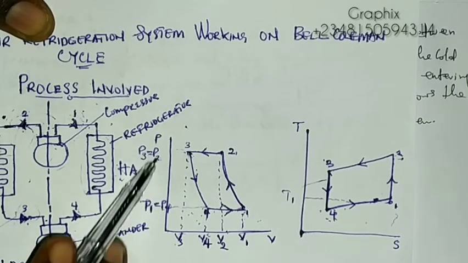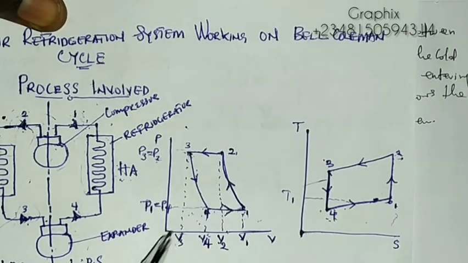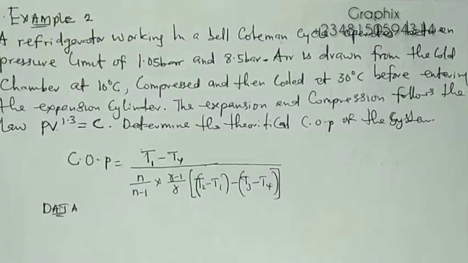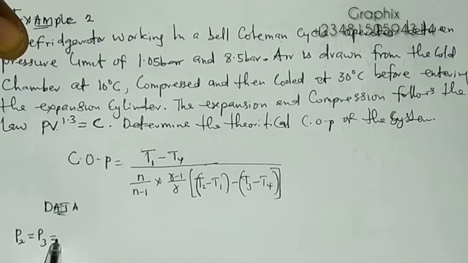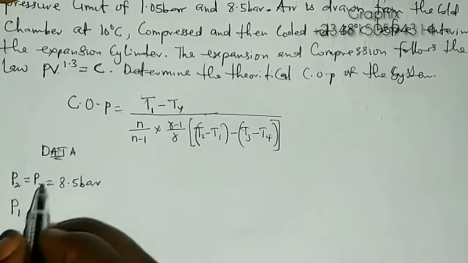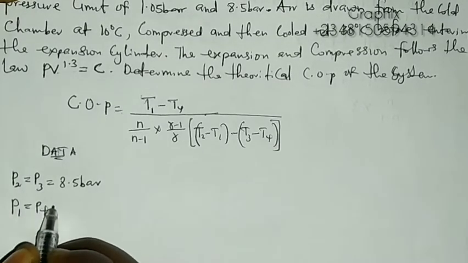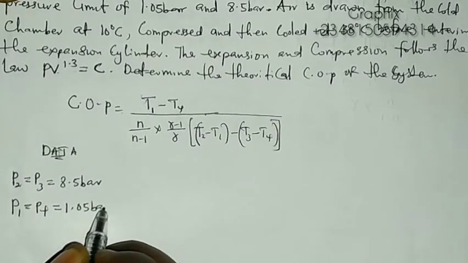So we say P3 equals P2 is the high pressure point, and P1 equals P4 is the low pressure point. So P2 equals P3, and that will be the high side, 8.5 bar, and P1 equals P4 equals 1.05 bar.